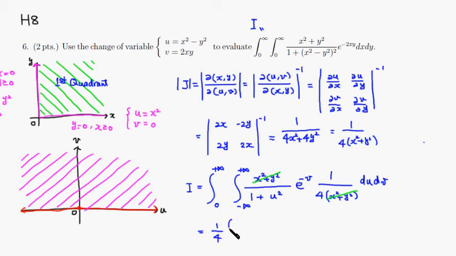Then you have a double integral from 0 to infinity and from negative infinity to positive infinity of e to the negative v over 1 plus u squared, du dv. Then we can just evaluate it from here, so I'll let you guys do that. That's it. I hope that this will get you going.